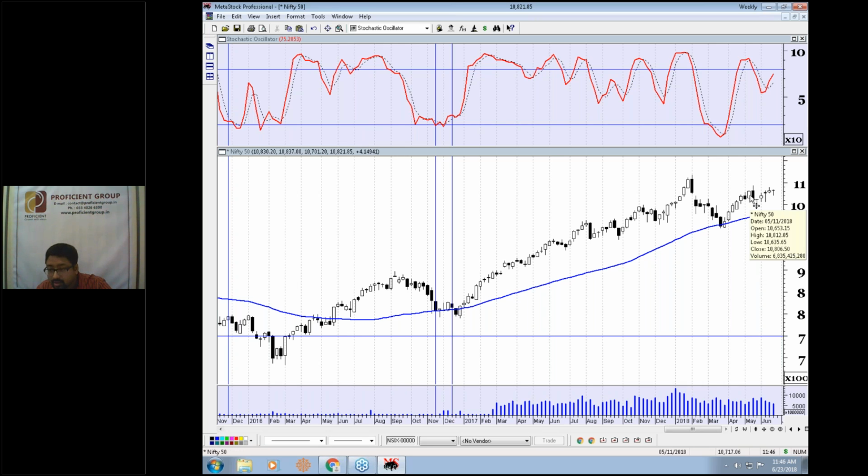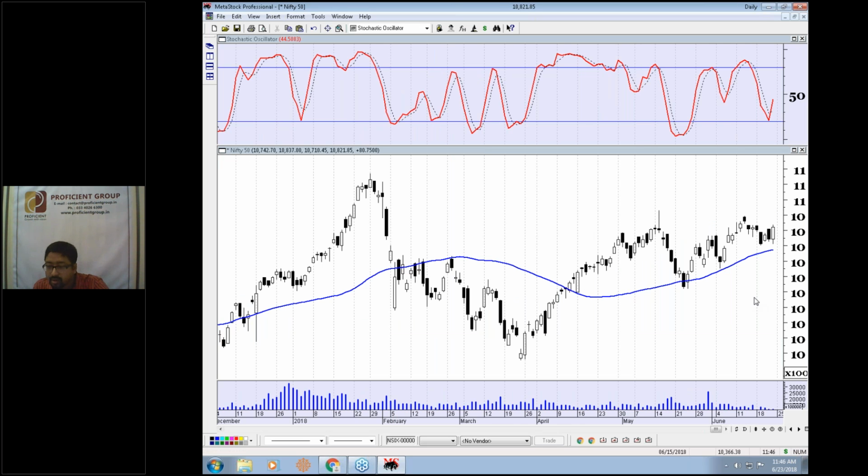Now this closing that occurred on 11th of May, the week ended on 11th of May, was at 10,806. We got a closing higher to this level. So you can say that on a weekly basis, Nifty closed at its 4-month high, right? Since February, this is the highest weekly closing. So that is pretty bullish in nature. It does not leave much of bearish interpretation.